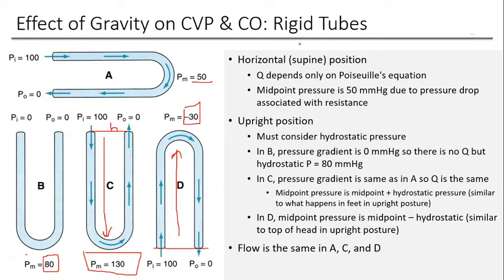But it's important to note that in this rigid tube example, the inlet pressure and the outlet pressure are the same for all three, A, C, and D here, right? So overall, the flow is going to be exactly the same in A, C, and D, even though hydrostatic pressure is having an effect on that midpoint pressure.